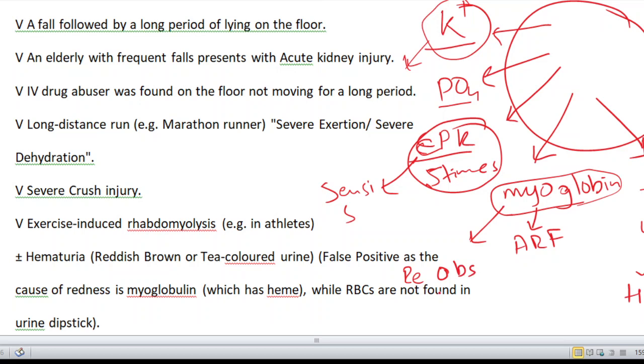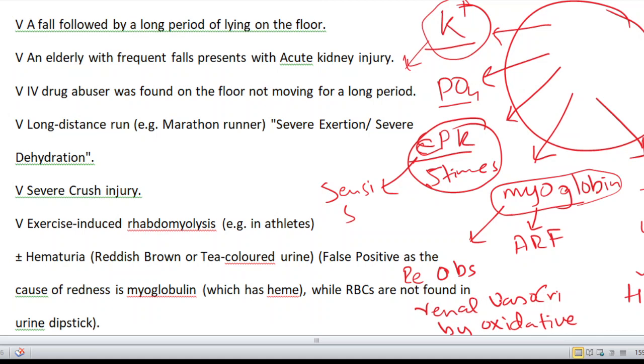The next thing is that it causes renal vasoconstriction, so it decreases the GFR. And the third thing, which is the most dangerous one, is that it damages the renal tubules by oxidative injury.